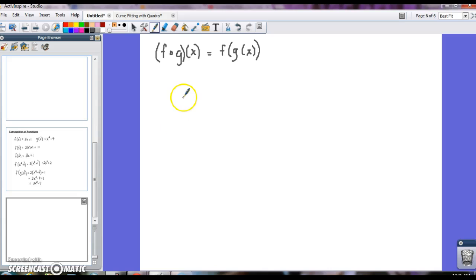And now, because we've been talking about domain with those other functions, let's talk about the domain of the composition of functions. So the domain of the composition f of g of x is the set of all x values that satisfy two conditions. The first condition is x is in the domain of g.